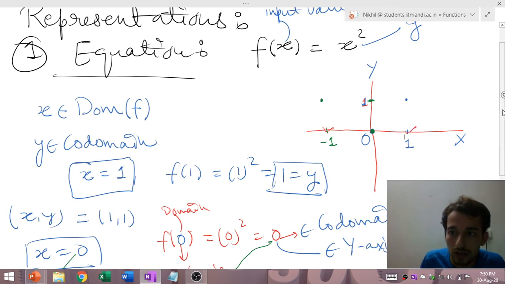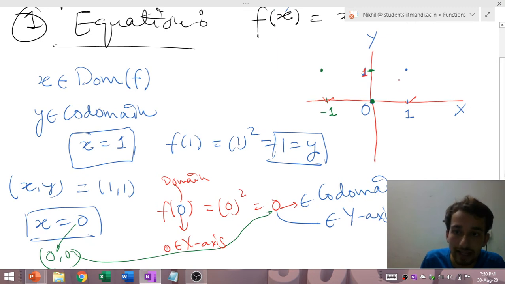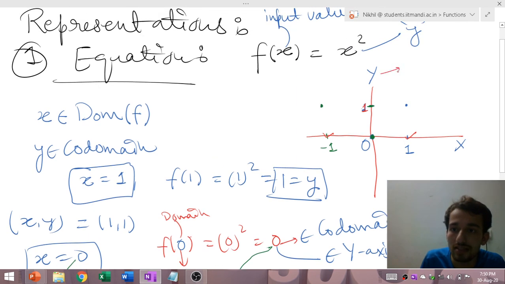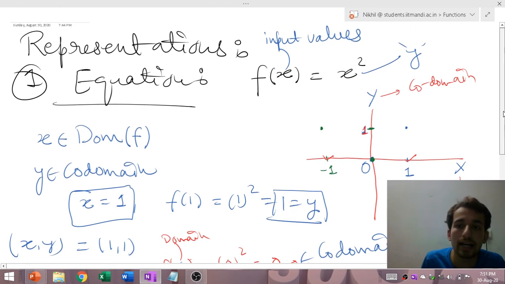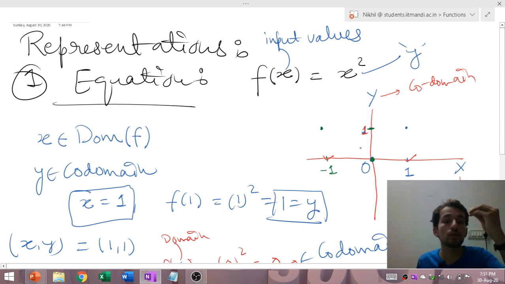Fine. So the values which you are getting are your images, and they are part of the y-axis, and your y-axis in our case is the codomain, but this is the domain. Your x-axis is the domain of the function small f, and I have just sketched only 3 values from the domain.